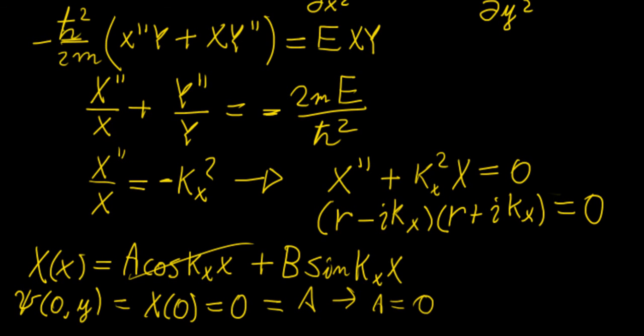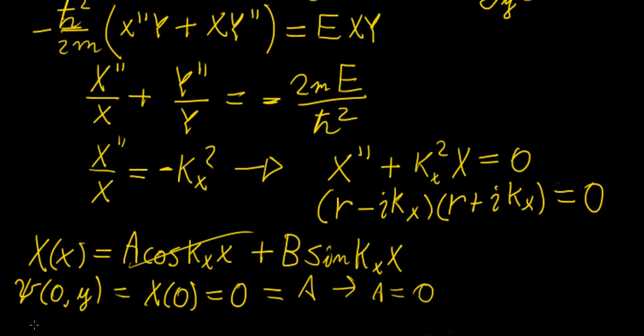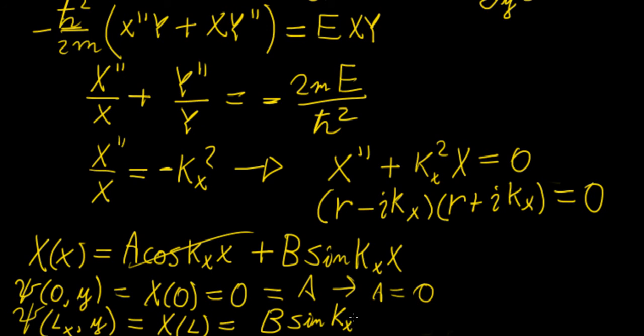And now the second boundary condition is wave function at Lx, y is equal to x of L equals b sine kx Lx. So that should be Lx there, just to differentiate it from the length along the y direction.